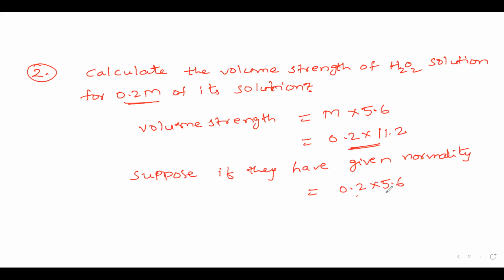That's all. We just have to multiply the given normality of the solution into 5.6. This is the numerical. So this model is very, very important also.